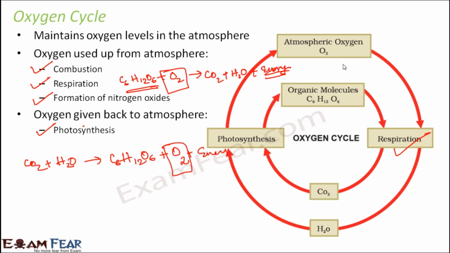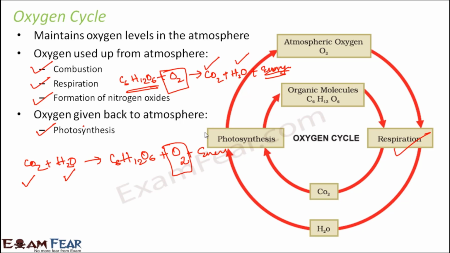Now if you look at this diagram, you see atmospheric oxygen is used up during respiration. In respiration, carbon dioxide and water are the products. Now in photosynthesis, carbon dioxide and water are the reactants.